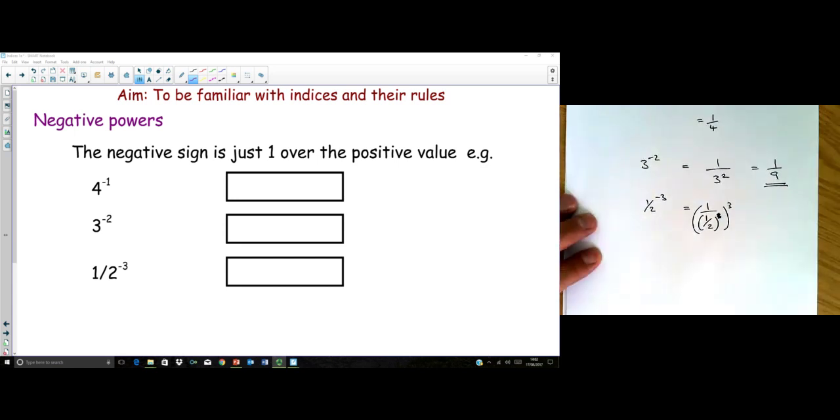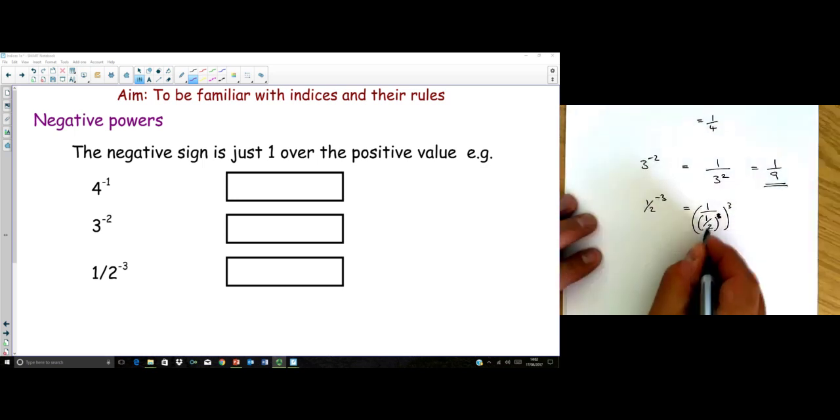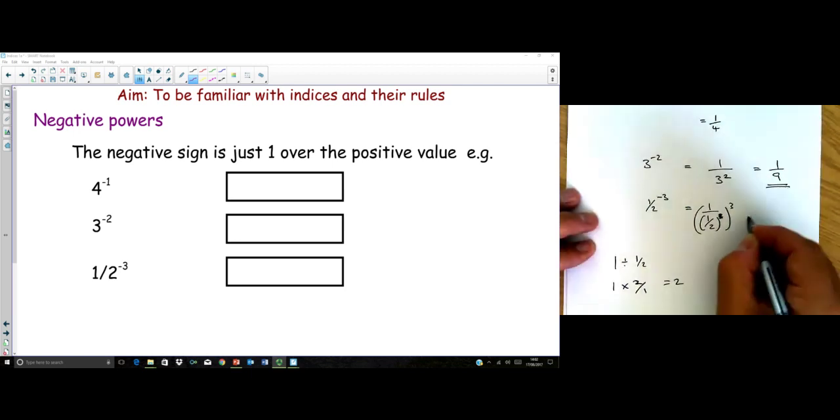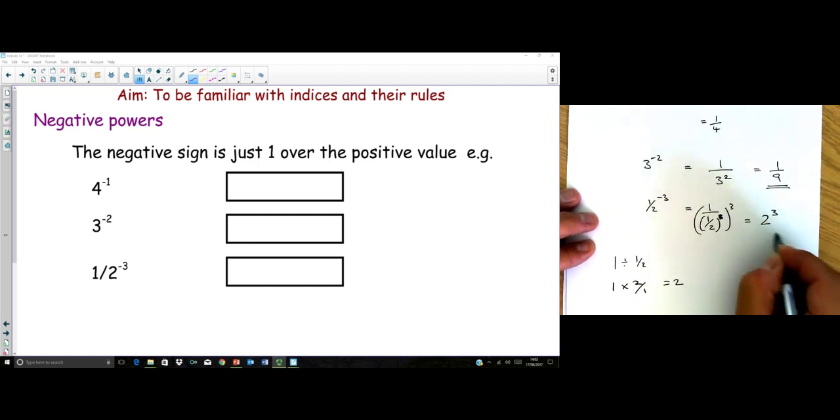And if you do 1 over a half, then you hopefully know if you divide by a fraction, you end up with flipping times. So 1 divided by 1/2 is the same as 1 times 2 over 1, which is 2. And so this will be the same as 2 to the power 3.